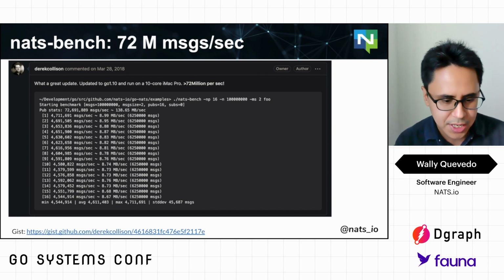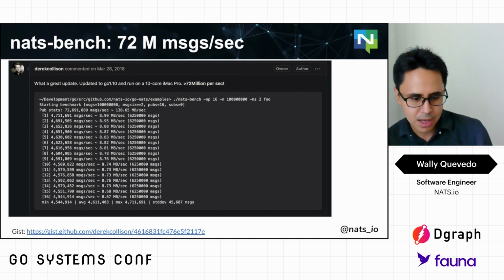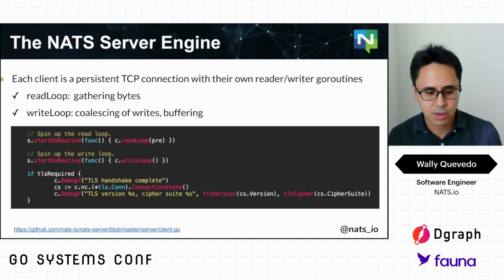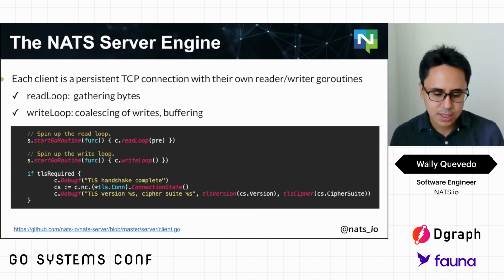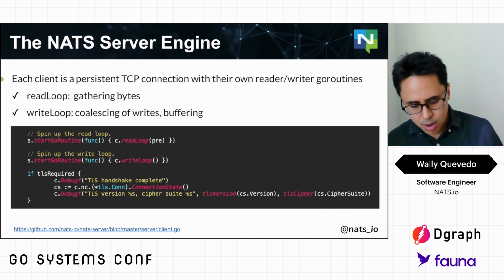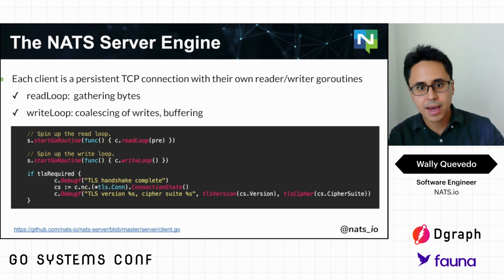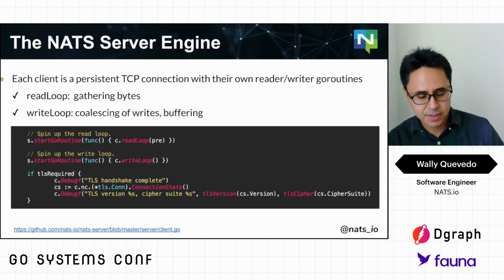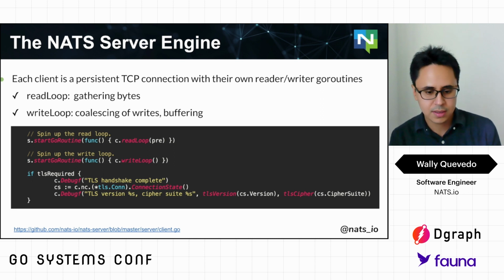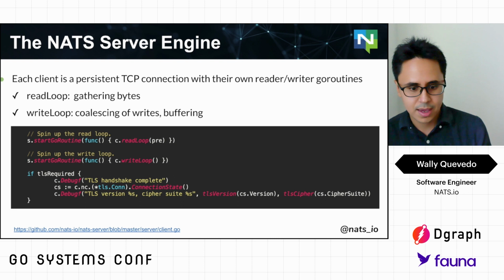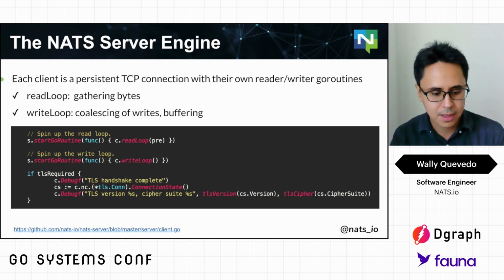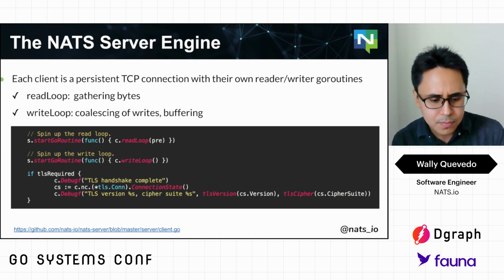At its core, the NATS server engine consists of both a reading loop and a writing loop for each one of the clients. Whenever you establish a connection against the NATS server, the reader loop is going to be processing the bytes being sent by the client, and then there is another Go routine responsible for the optimized flushing of the bytes for that client.